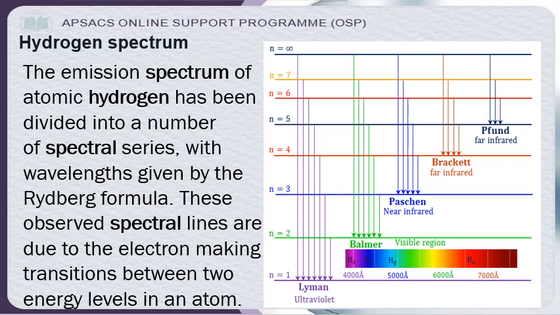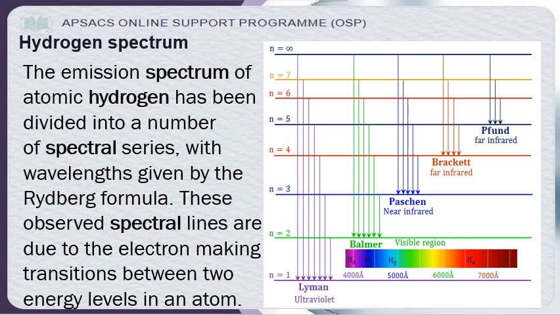They are the Lyman series, Balmer series, Paschen series, Brackett series, and Pfund series. Lyman series is observed in the ultraviolet region, while the Balmer series is observed in the visible region. Paschen, Brackett, and Pfund series are observed in the infrared regions, right?